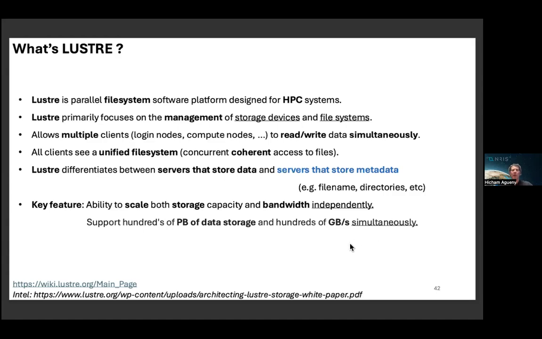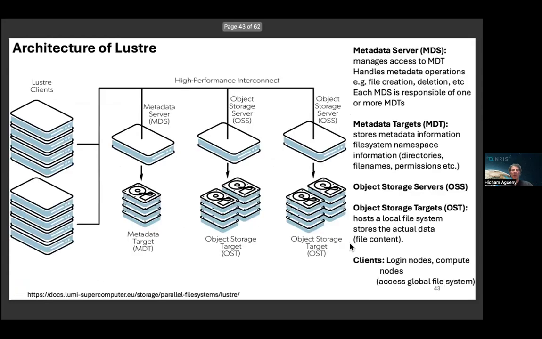Let's look at the architecture of Lustre, how it looks. This is a general architecture of Lustre. It consists of Lustre clients, which can be login nodes or compute nodes.